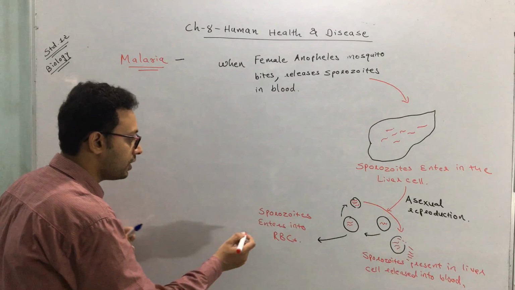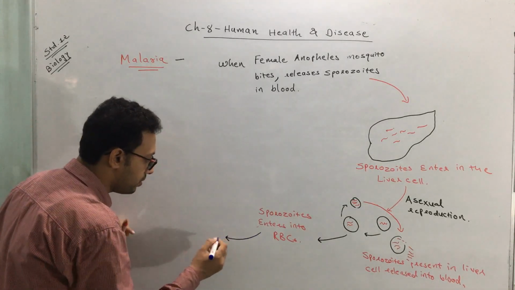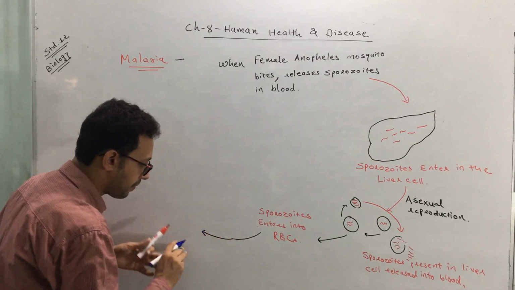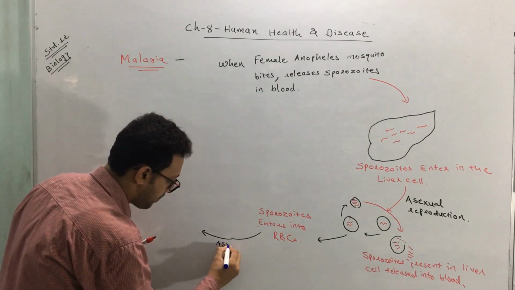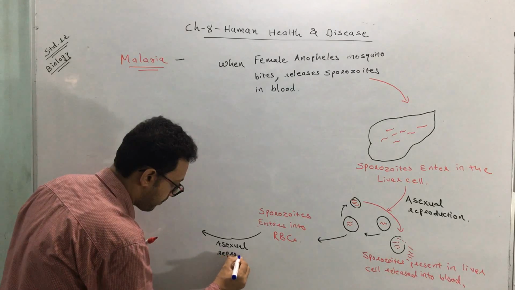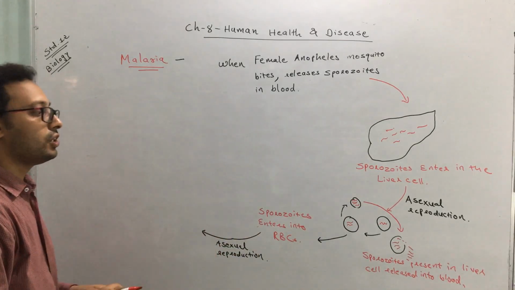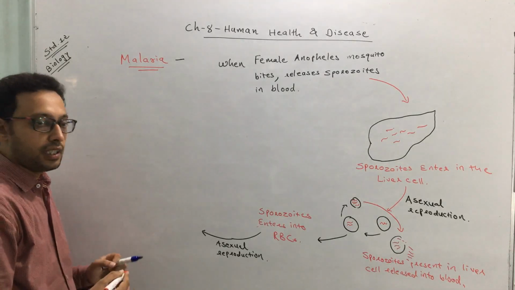They also undergo asexual reproduction, and they also rupture the RBCs.